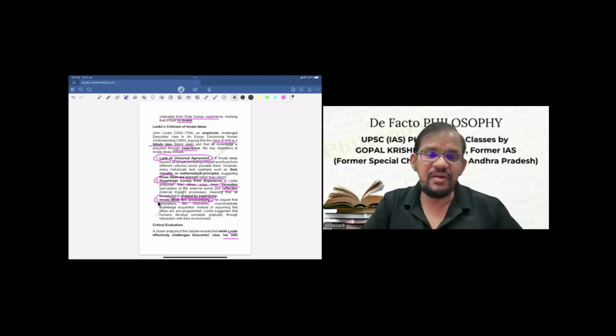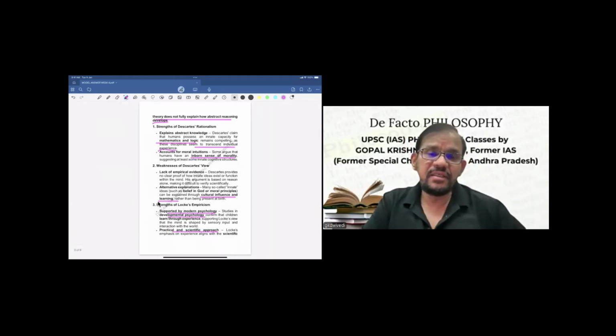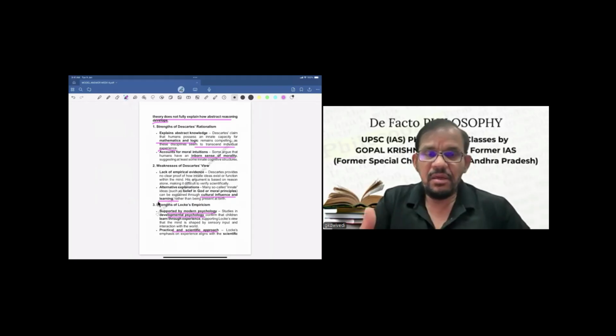Then, what is the critical evaluation? We need to write this evaluation also, because then only our answer will be complete. So, a critical evaluation of both Descartes' and Locke's theories. Definitely Locke's criticism is quite strong as far as Descartes' ideas are concerned. But definitely there are strengths and weaknesses in the arguments of both.